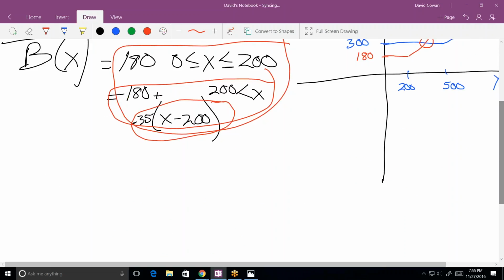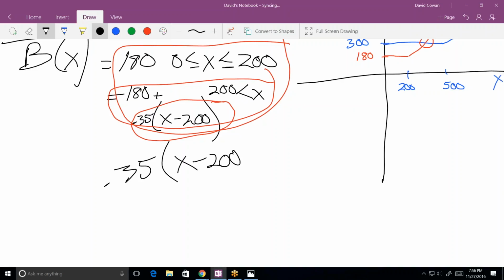So I can do it this way. I can either say 0.35 times x minus 200 has to be greater than or equal to 120, or I could say 180 plus this has to be greater than or equal to 300. They're both the same.